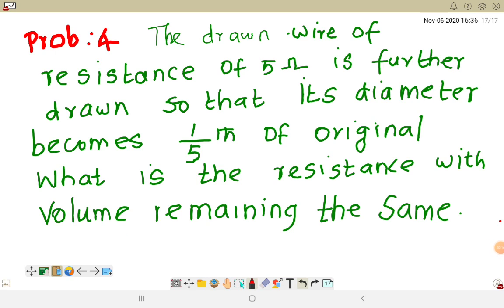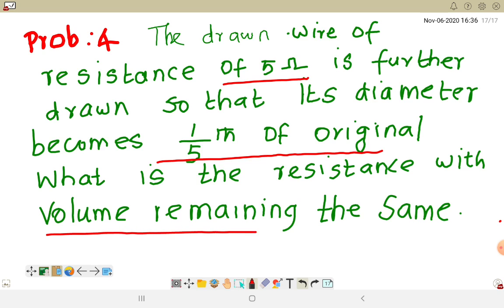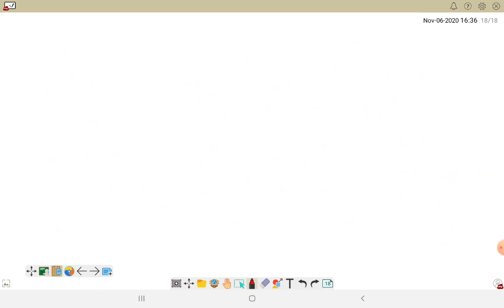Next, problem number 4. A drawn wire of resistance 5 ohm is further drawn so that its diameter becomes 1/5 of the original. What is the resistance, with volume remaining the same? The condition given is volume remaining the same. So V1 equal to V2. How to get volume?